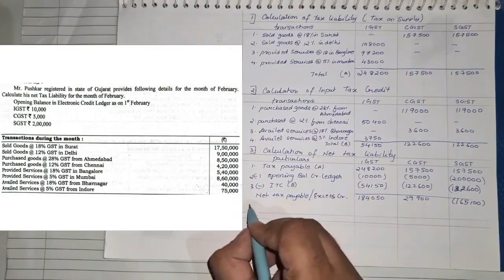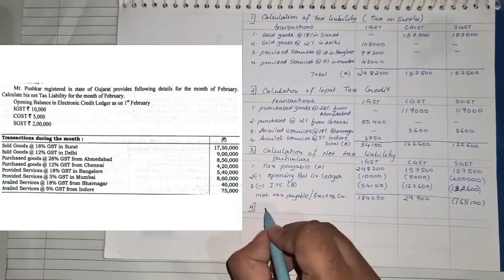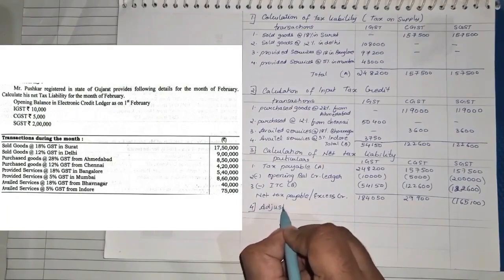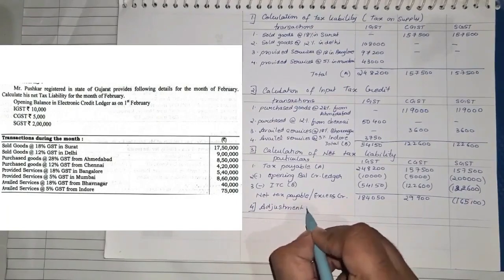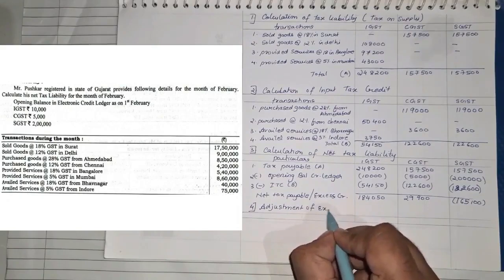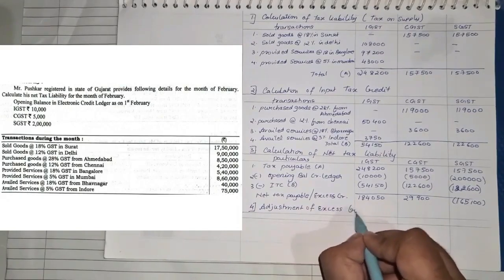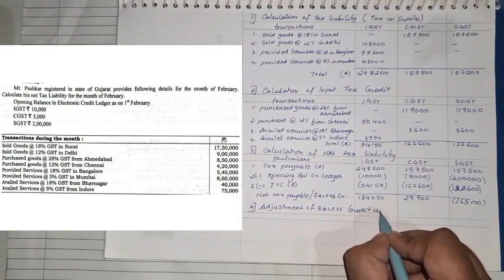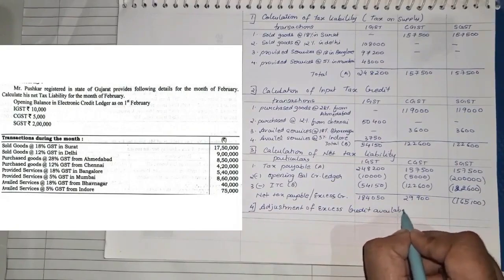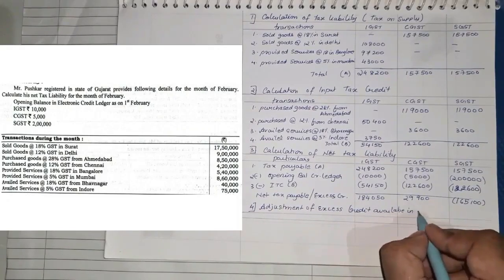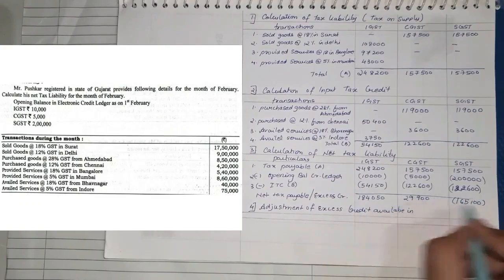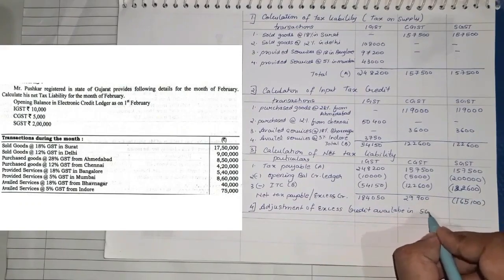Now since it is negative, I'll start with my step number 4, that will be adjustment of excess credit available in SGST.